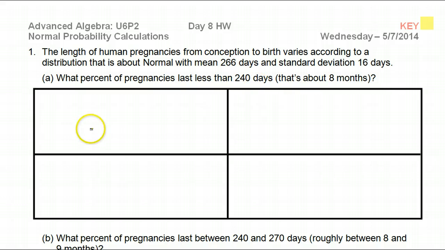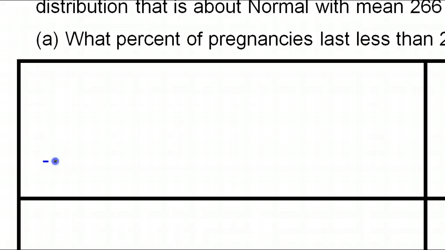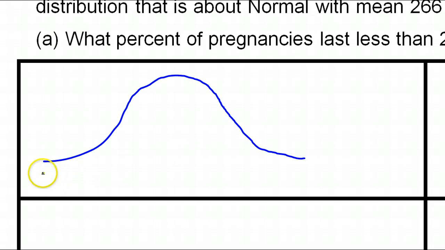All right, so this is a 4-step process, which is why I made these boxes to help guide you. Step 1 is to draw yourself a picture of the situation, a probability distribution, if you will. So just do your best, draw yourself a nice bell curve.